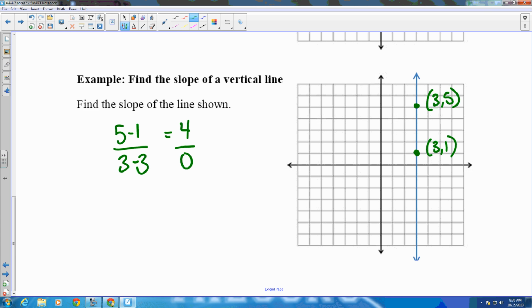Now if we have 4 divided by 0, that is actually not 0. That's not anything. That's undefined. So 0 on the bottom is undefined, so the slope of any vertical line is undefined. But if you have 0 on top, that would be a horizontal line. That would be 0.